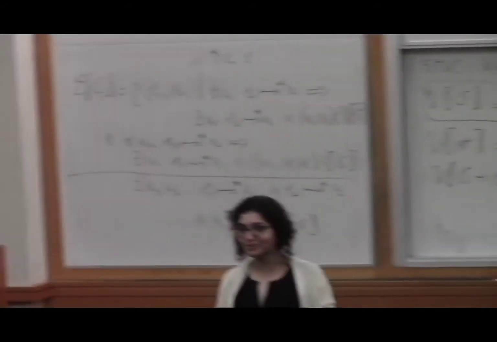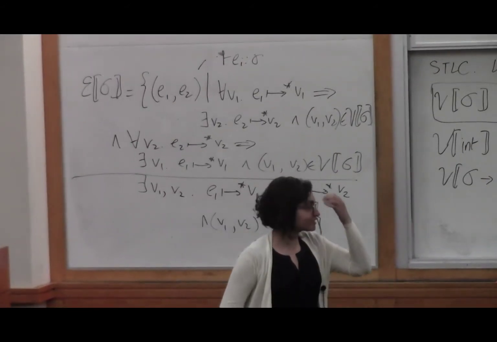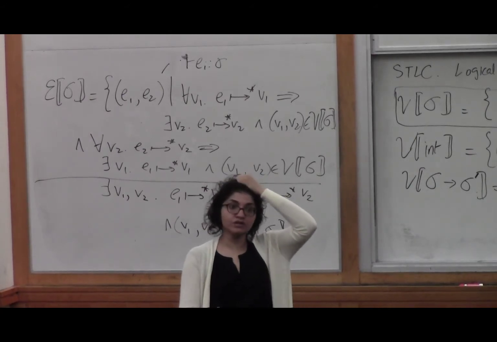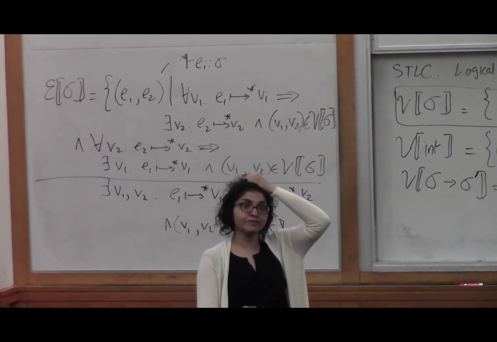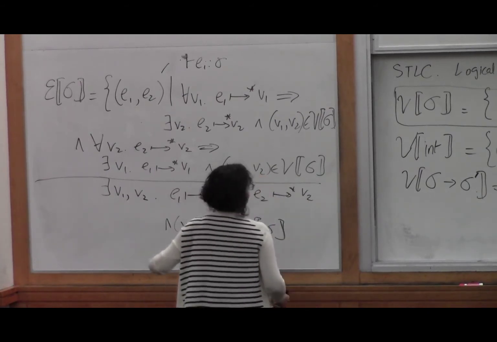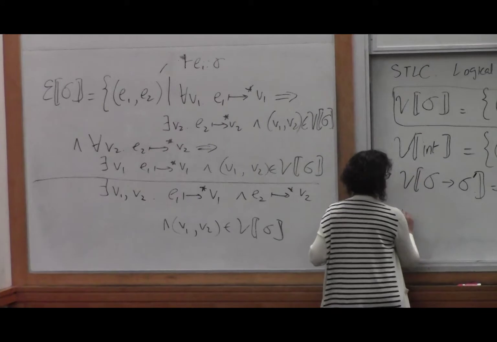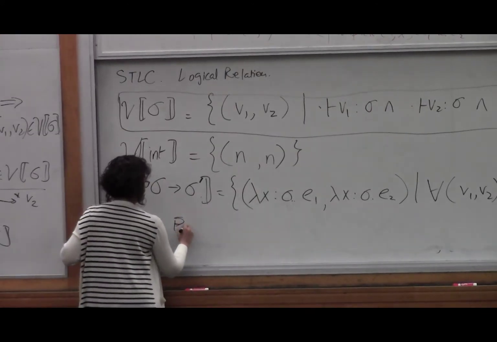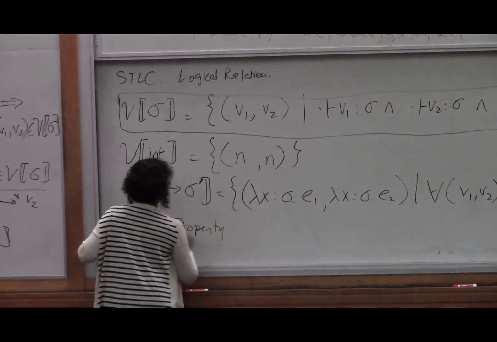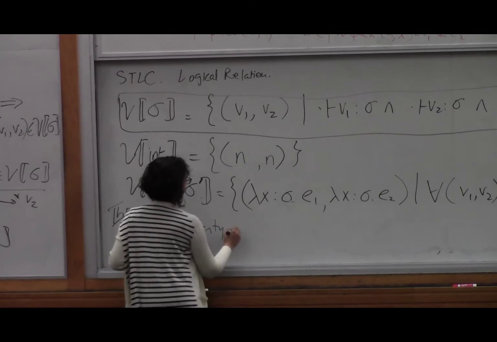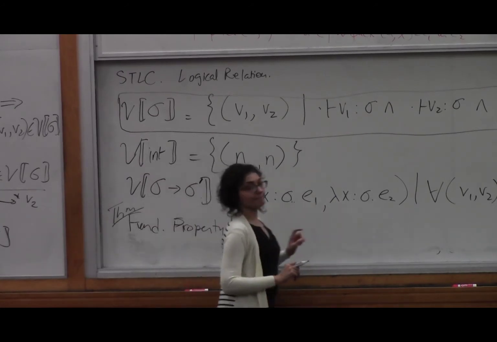And now you have to do some proofs. Normally, when you set up a logical relation, you have to prove a property called a fundamental property, which I'm sure you saw when you did strong normalization. Yes? Here, this is the theorem. It's called the fundamental property, the basic lemma that you have to prove for every logical relation.